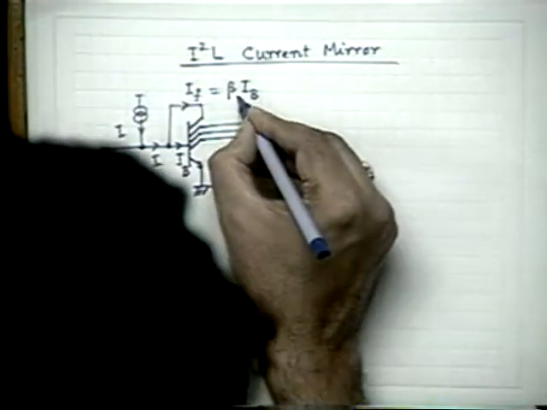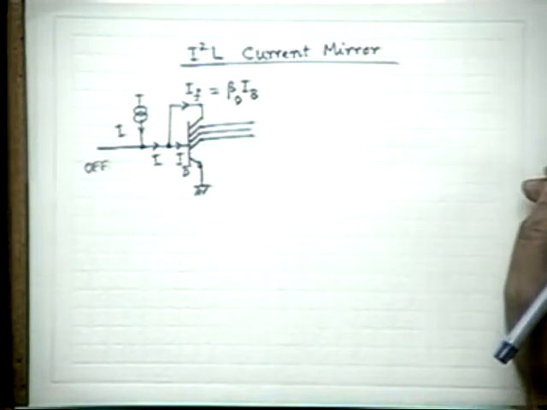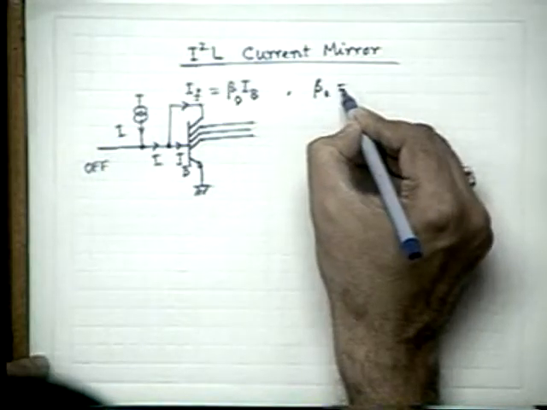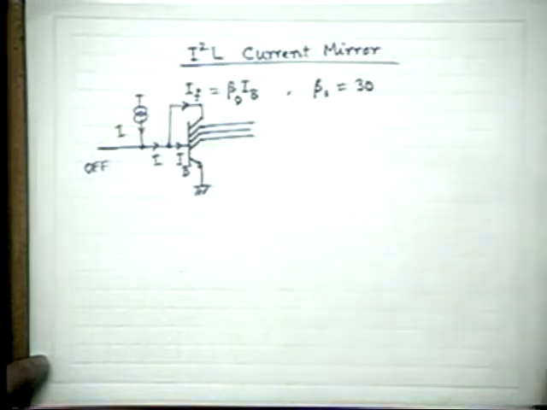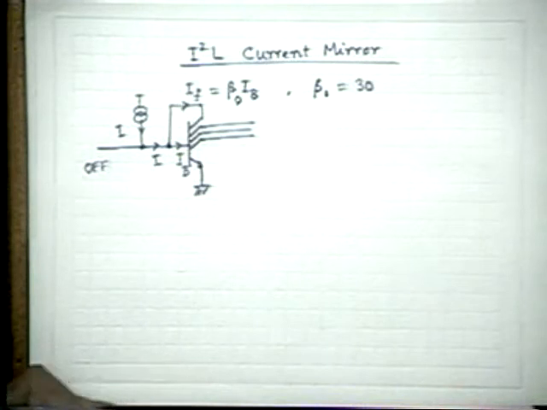Beta is the small signal beta, DC beta or AC beta, whatever you call it, which is 30. I am assuming that beta is 30 in a good design, and that is a must. For current mirrors, the I2L should be designed with as high as possible value of upward beta.